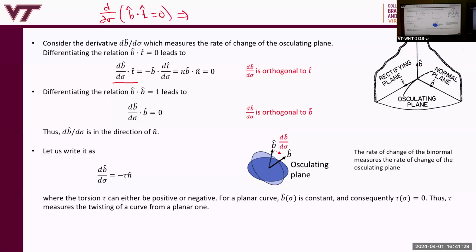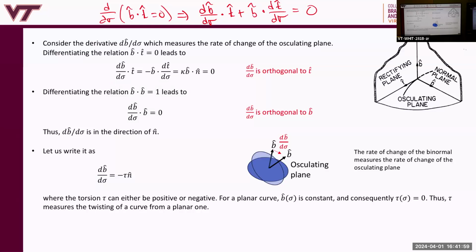From here, we get db hat d sigma dotted with t hat, plus b hat dotted with dt hat d sigma, is equal to 0. Now we can move one term to the other side, and we get this equality.